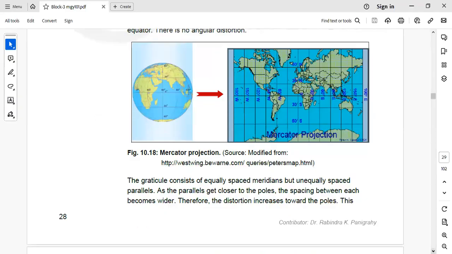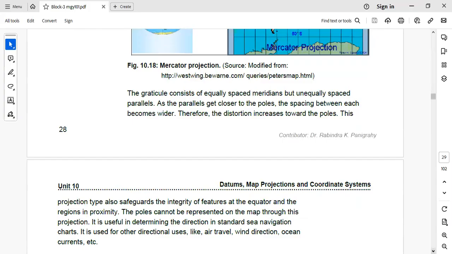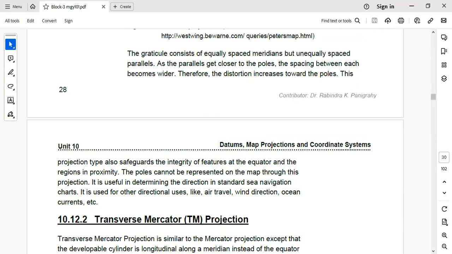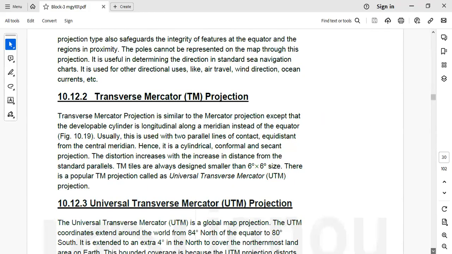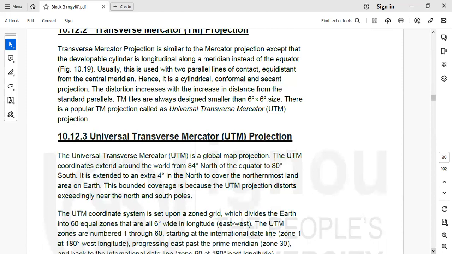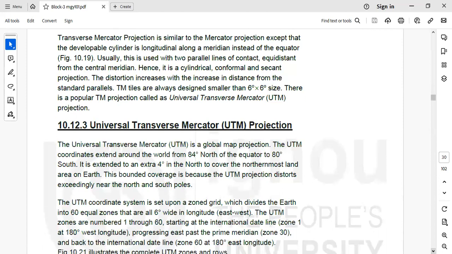Then its modified version is known as the transverse Mercator map projection, and there is a universally accepted version, which is known as the universal transverse Mercator map projection. And this map projection extends around the world from the equator to 84° north.